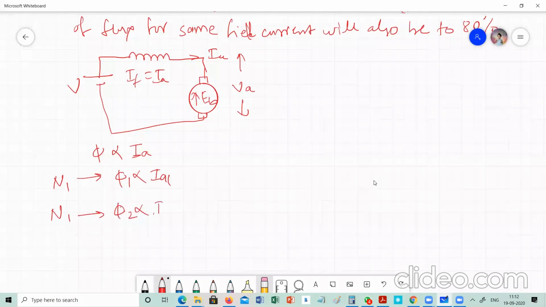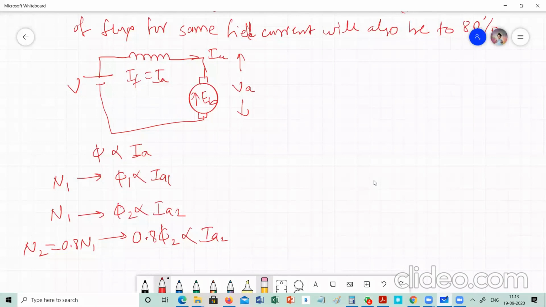Phi2 is proportional to IA2. And now we change the number of turns to N2 equal to 0.8 into N1, we have reduced to 80%. Then phi2 is reduced to 0.8 into phi2 for same current. Means what? The current will remain same, but the flux will reduce because the number of turns are reduced.